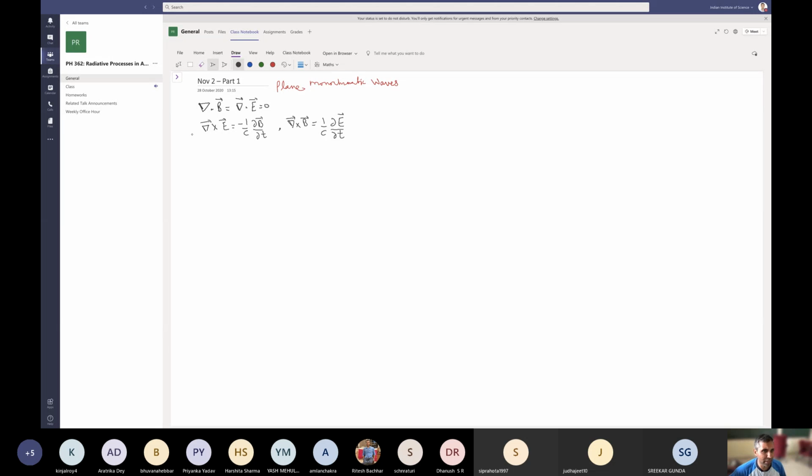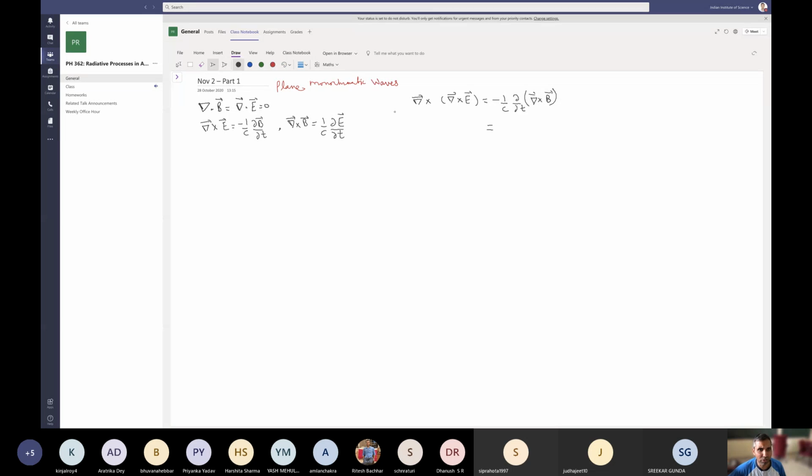Let's do one thing. If we take a del cross of this third equation, we have del cross del cross E is equal to minus 1 by C dou T of del cross B. Let's just do the right hand side first.